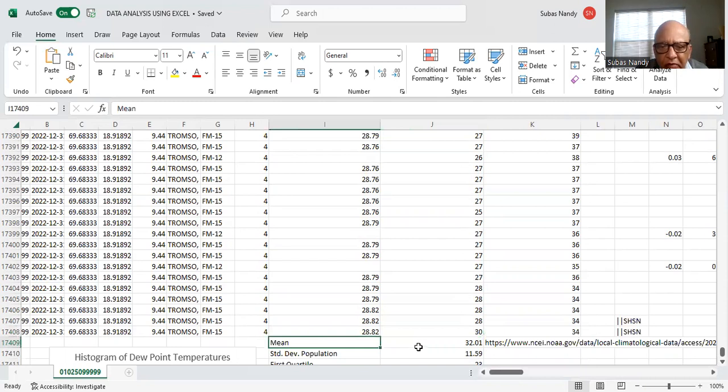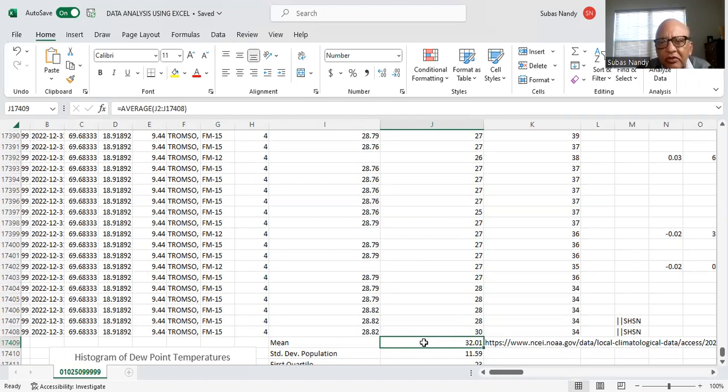This is the mean. What is the formula I'm using? I'm using equal to AVERAGE. If you type AV after equal to in Excel, you'll get I think 3 or 4 choices, and you will select average, and then it will automatically put a left parenthesis for you.